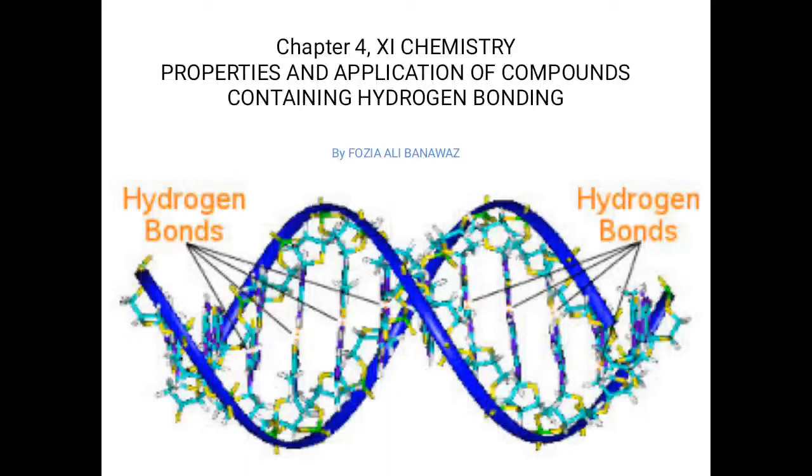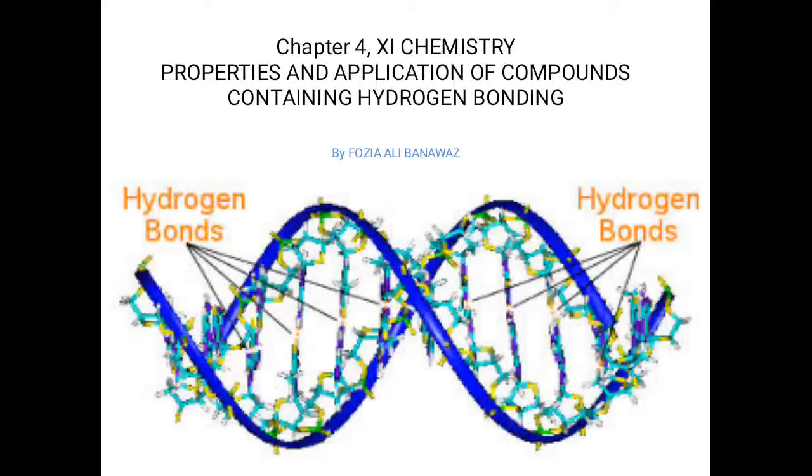Class, in the previous lesson, we had discussed hydrogen bonding and we learned when hydrogen bonds are formed, how they are formed, and what their unique properties are. With the help of examples, we came to know that there are a few highly electronegative atoms.